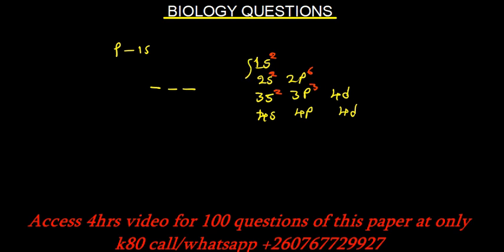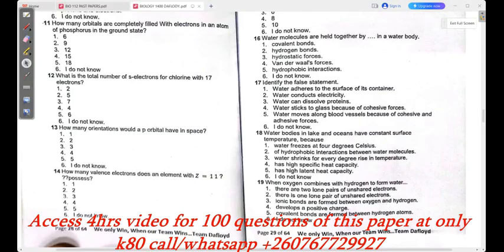So I'm done with these. Then we have another p, which has got 3. That one will be completely filled. So 1, 2, 3, 4, 5, 6. 6 are going to be completely filled. Then 3 will not be completely filled because 3 are coming from this. So the answer there has to be 6. So 6 orbitals of phosphorus are going to be completely filled.